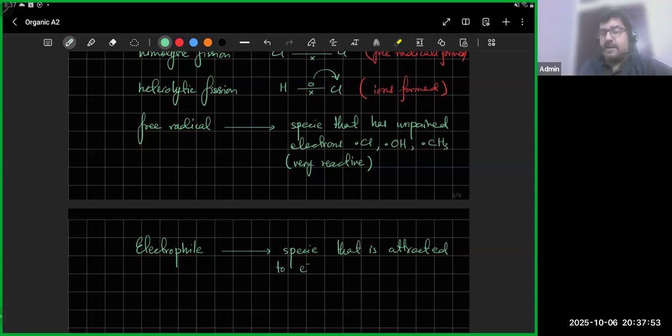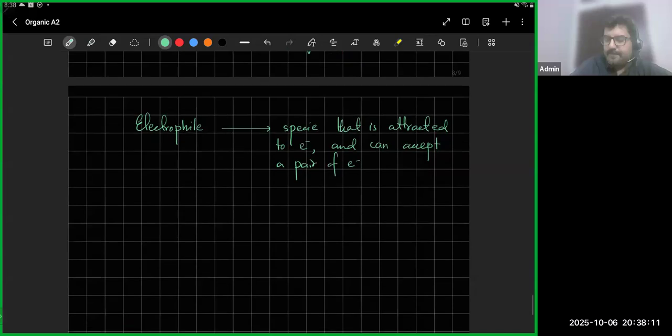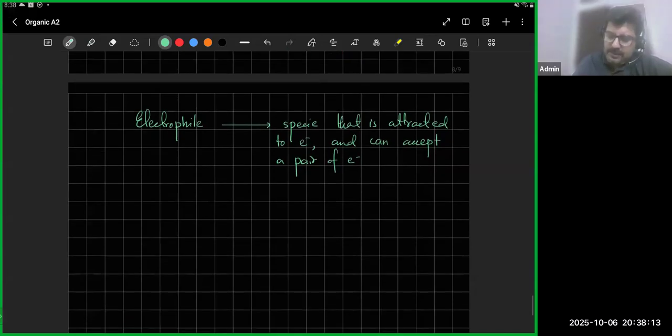But not only is it attracted to electrons, it can accept electrons. So it can accept a pair of electrons. A lot of things are attracted to electrons, but if you're not able to accept a pair of electrons from it, then you're not an electrophile.